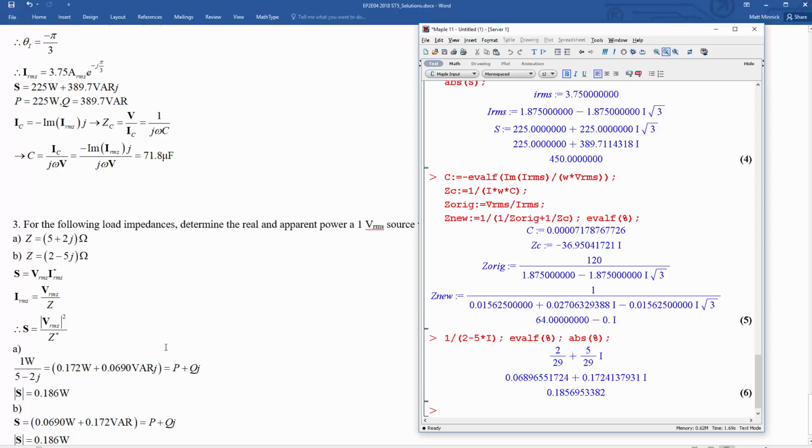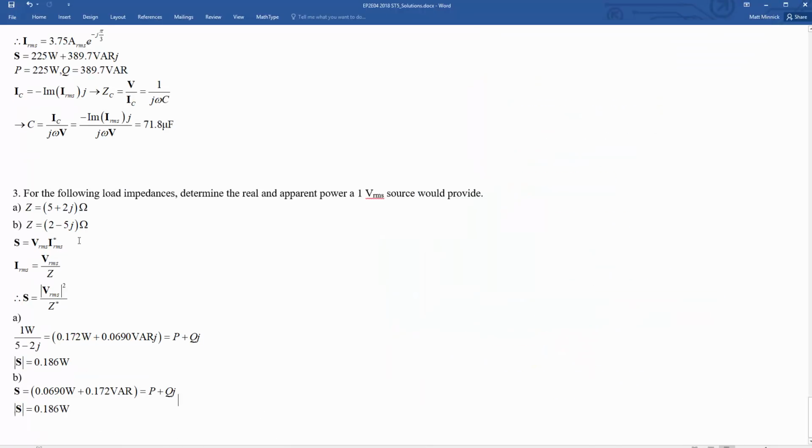So a comment on this is these two different loads, one of them is mostly real with a small reactive part, and the other one is mostly reactive with a small real part. This one is the kind of load you would have for an inductor in series with a resistor, and this one you'd have for a capacitor in series with a resistor.